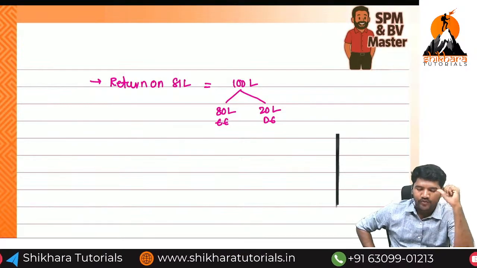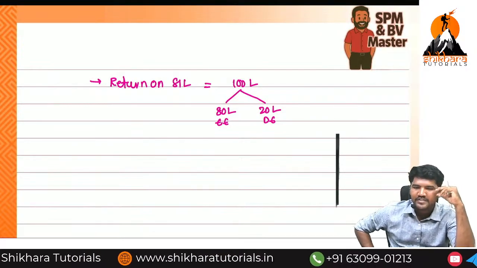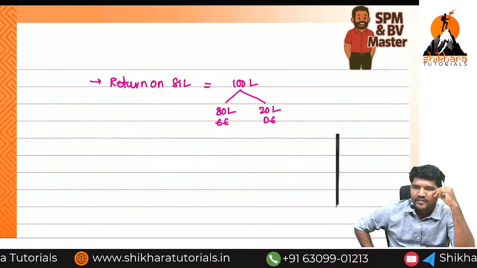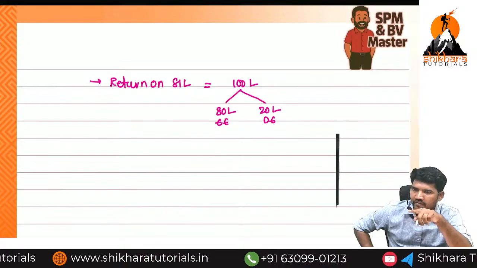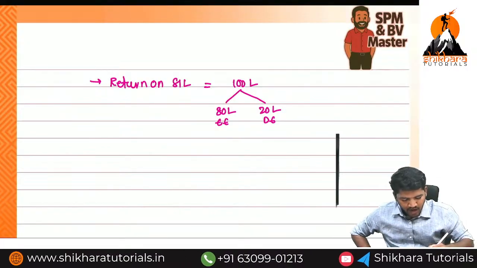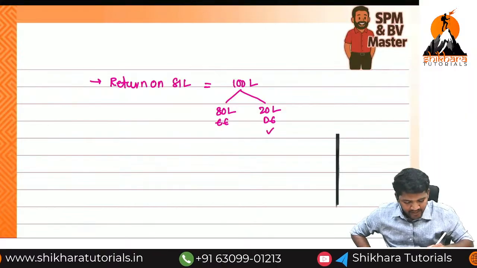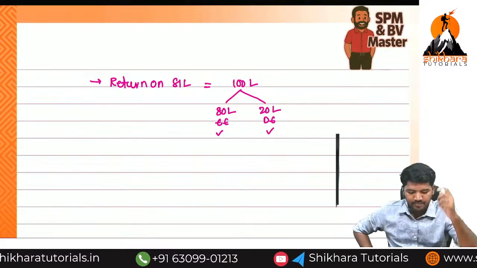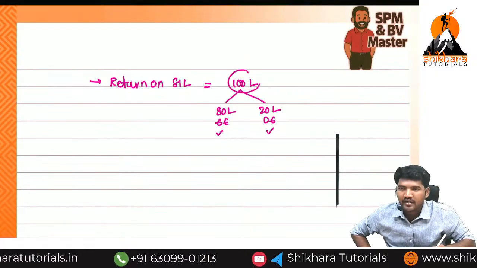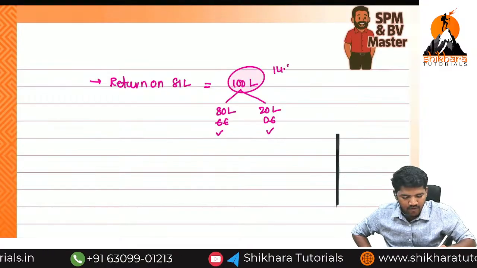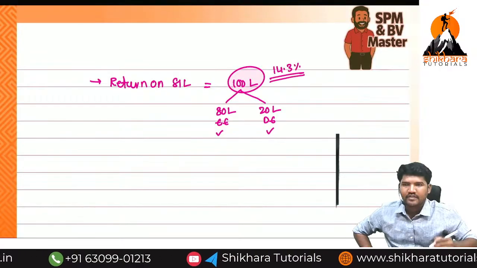Now where did you invest, only equity or debt plus equity? If you're shifting from unlevered to levered, you have to invest in both equity as well as debt. It means I have a right on this 20 lakhs as well as on this 80 lakhs. In simple terms, I have a right on the total company earnings. How much percentage of right I have? 14.3% of right.